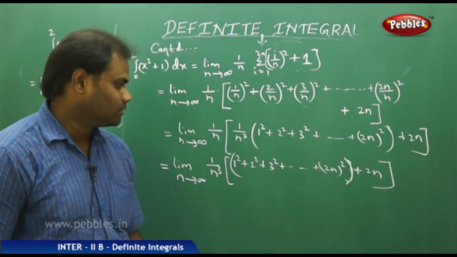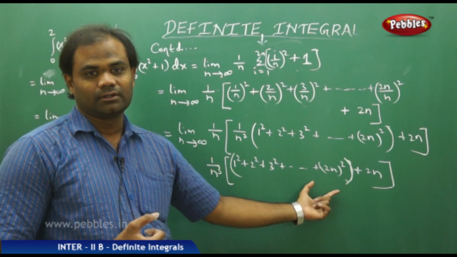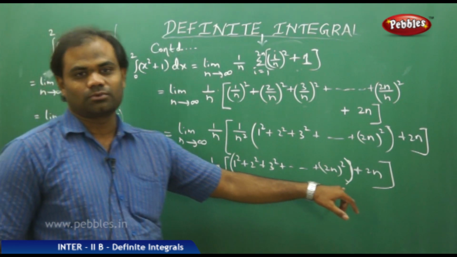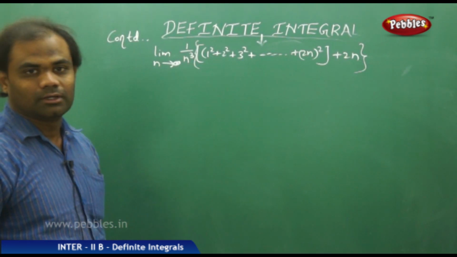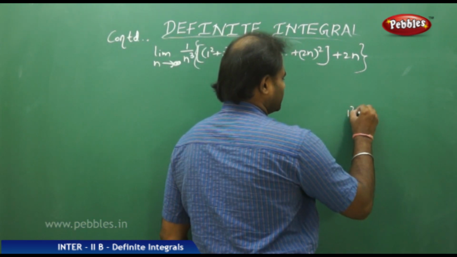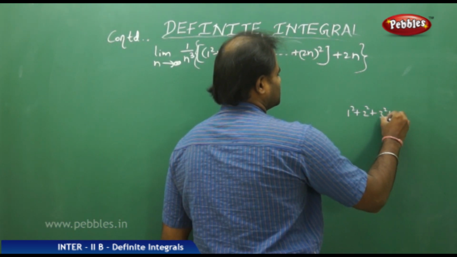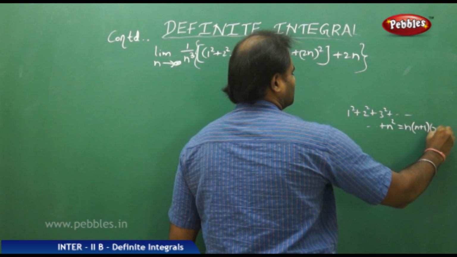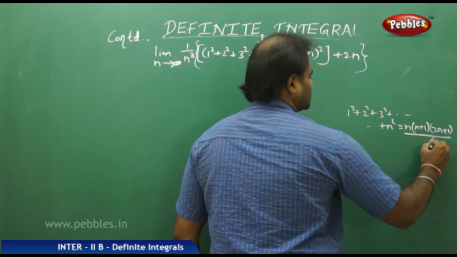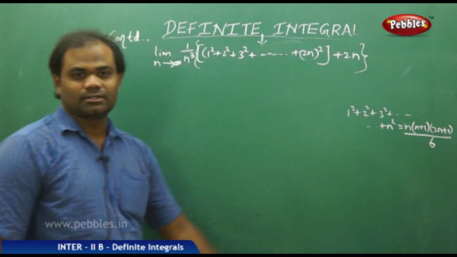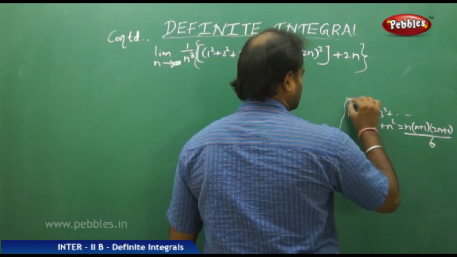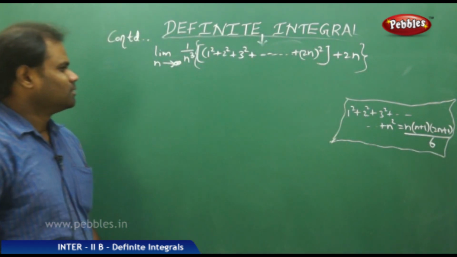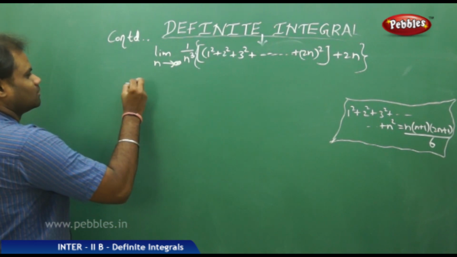So let's recap the formula we have identified for 1 squared plus 2 squared plus 3 squared till n squared: we know that the sum of squares of consecutive integers is n times (n plus 1) into (2n plus 1) by 6, which is the formula we're going to substitute here.